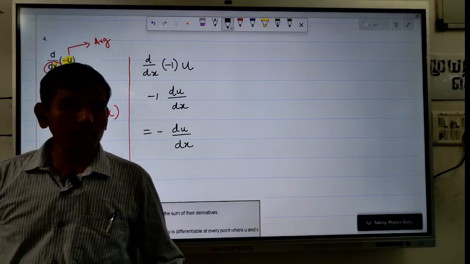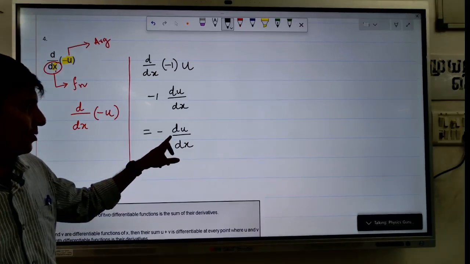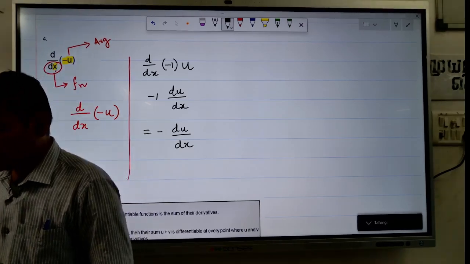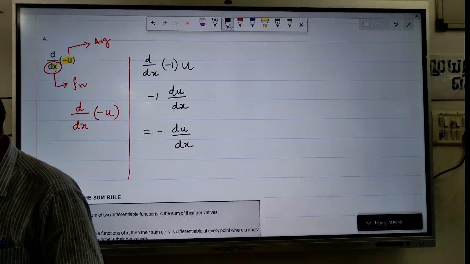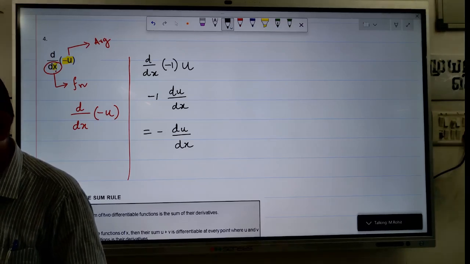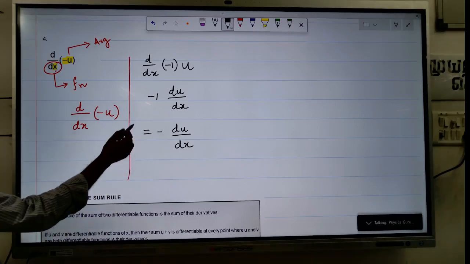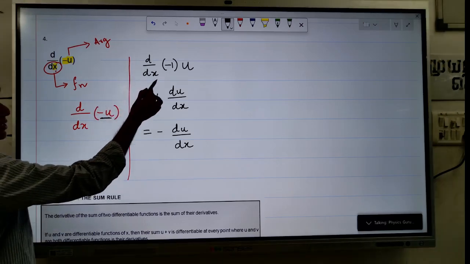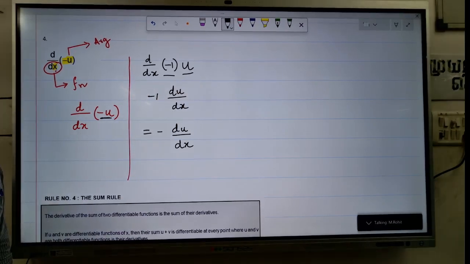Later we will go to that part. Yes, Rohit. Watch this. This minus u is written as minus 1 into u. So the minus 1 is a constant.